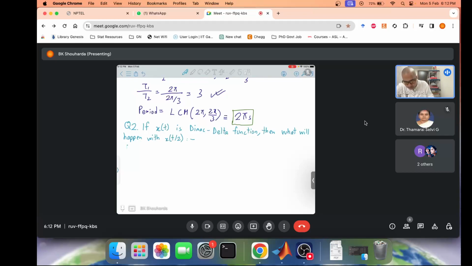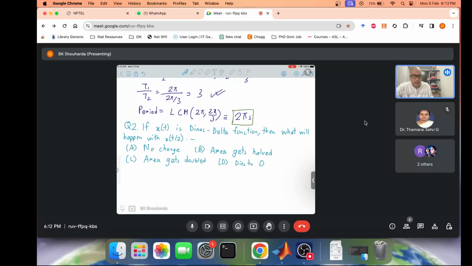Your options are A, no change; B, area gets halved; C, area gets doubled; and D, dies to 0.